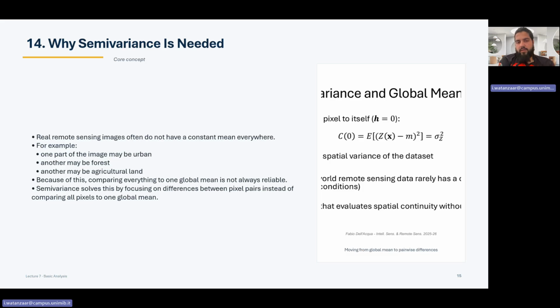So remote sensing images do not have a constant mean everywhere. For example, one part of the imagery may be urban in a single image, another may be forest, and another may be agricultural land. Because of this, comparing everything to one global mean is not always reliable.